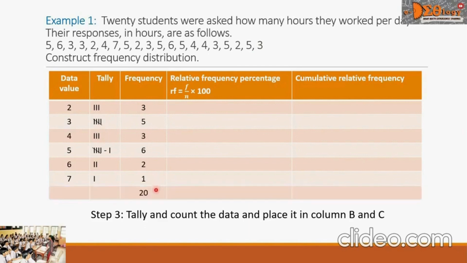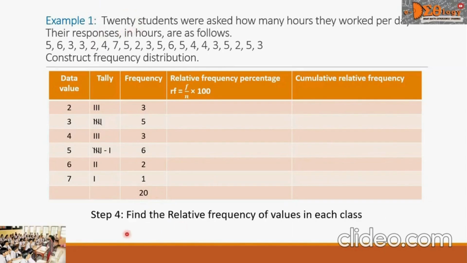And then we will take the total, and this is now equal to 20. This 20 must be the same as described in our problem, so it's written here 20 also.